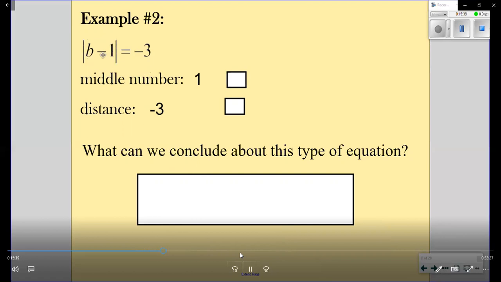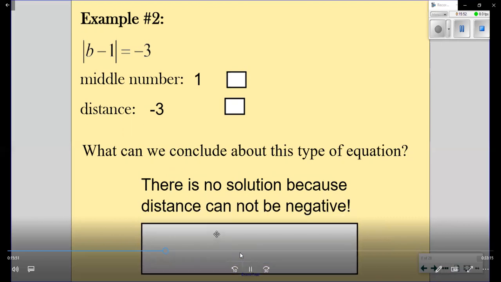Remember when I said that anything inside the absolute value symbol, if it's negative, it has to be positive, and if it's positive, it has to be positive? What's going on here? So what we can conclude is that there's no solution because the distance cannot be negative. Distance cannot be negative, especially when you're dealing with absolute value. Because anytime you have something in the absolute value, whether positive or negative, it has to come out positive.